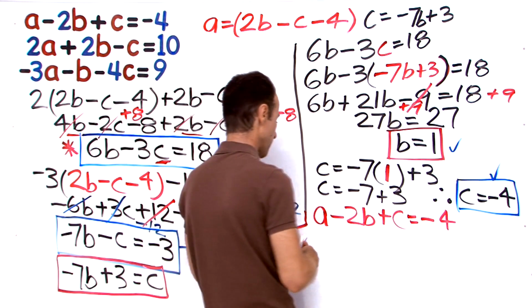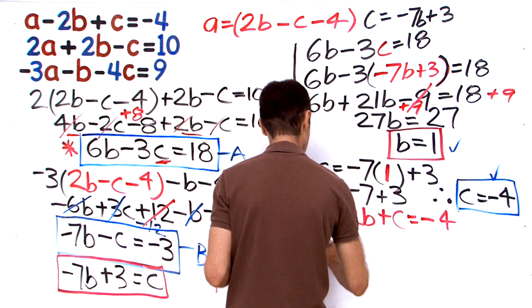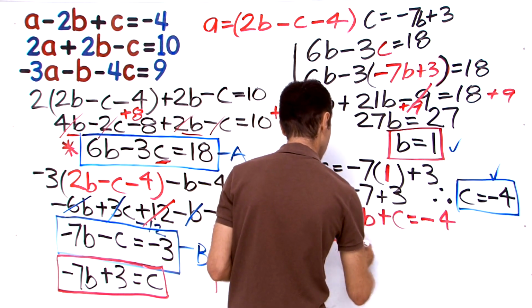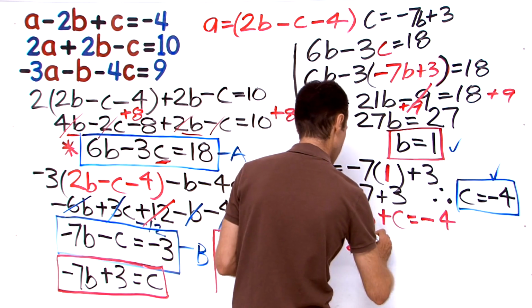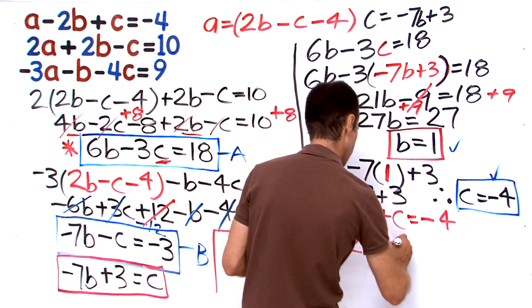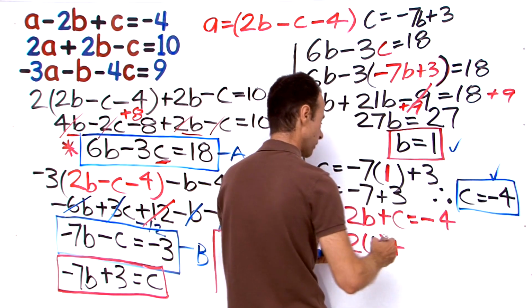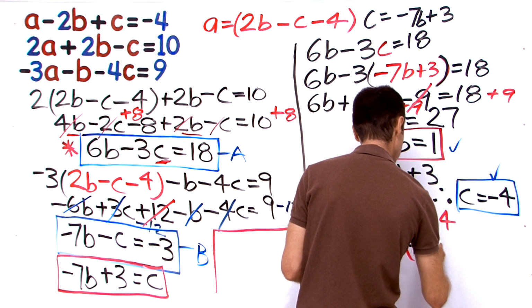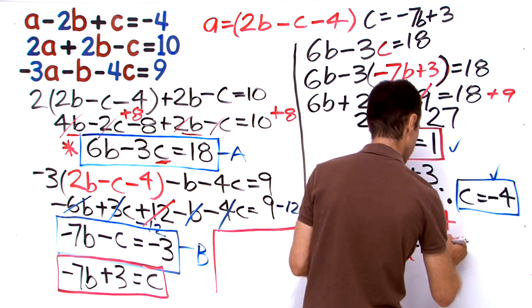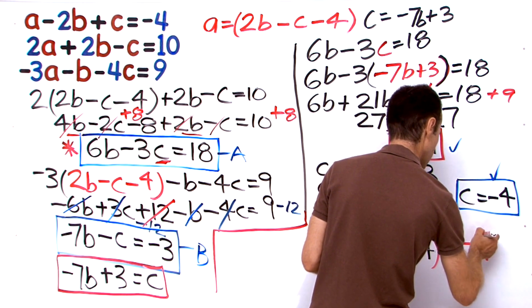So let's work that out. So a minus 2 times b, and what's b? b is 1, so let me put a 1 in there. Plus c, what's c? c is minus 4. So I'm going to put brackets here and a minus 4 in there. Minus 4 equals minus 4.